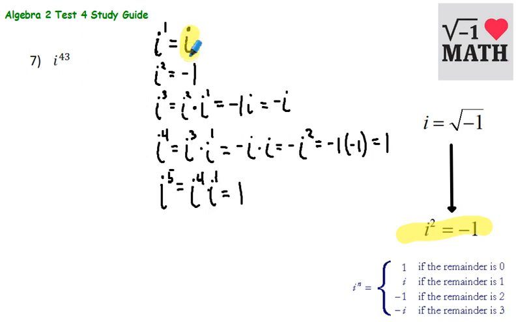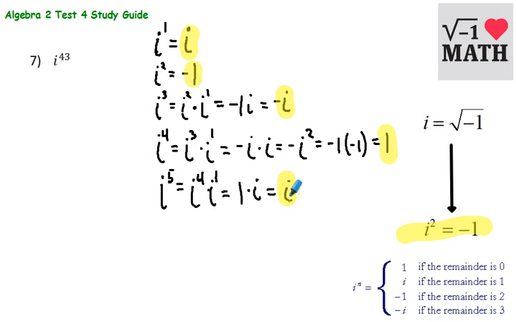So it goes i, -1, -i, 1. And then i to the fourth would be 1, and i to the first is i. So that would be 1 times i, or just i. So what you notice is that the pattern started back over. We started with i, now we're back at i.